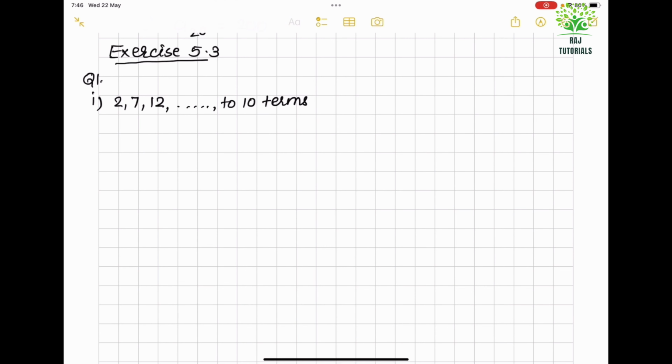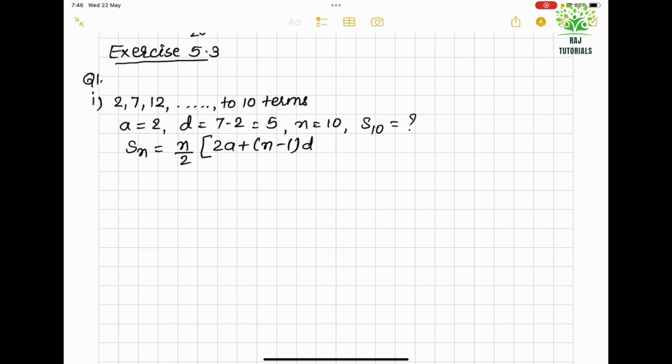Now here exercise 5.3 question 1 says find the sum of the following APs. 2, 7, 12, and so on, to 10 terms. So here A equal to 2, D equal to 7 minus 2, that is 5, and N is 10. So I have to find S10. So Sn equal to n by 2 into 2a plus n minus 1 d.